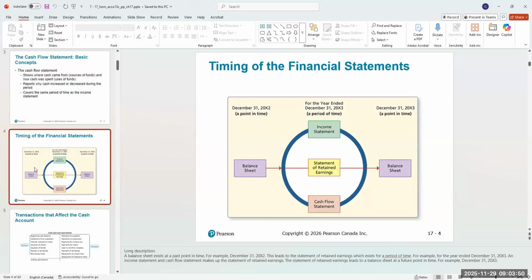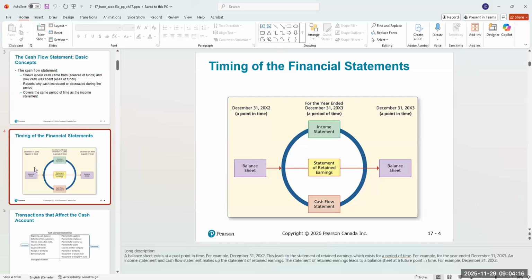Now, how are we going to do this? Now, the financial statements and the timing within the period. In the beginning of the period, we have a balance sheet, which is our starting point. At the end of the period, we have the balance sheet, which is the ending point. And the income statement, statement of retained earnings, and cash flow statement explain what happened from the beginning balance to the ending balance.